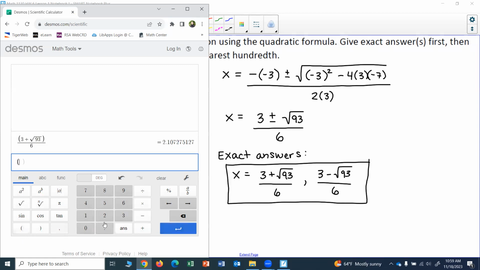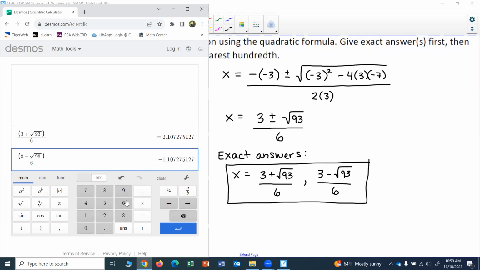And I'll do parentheses 3 minus the square root of 93, close your parentheses, and then divide by 6.